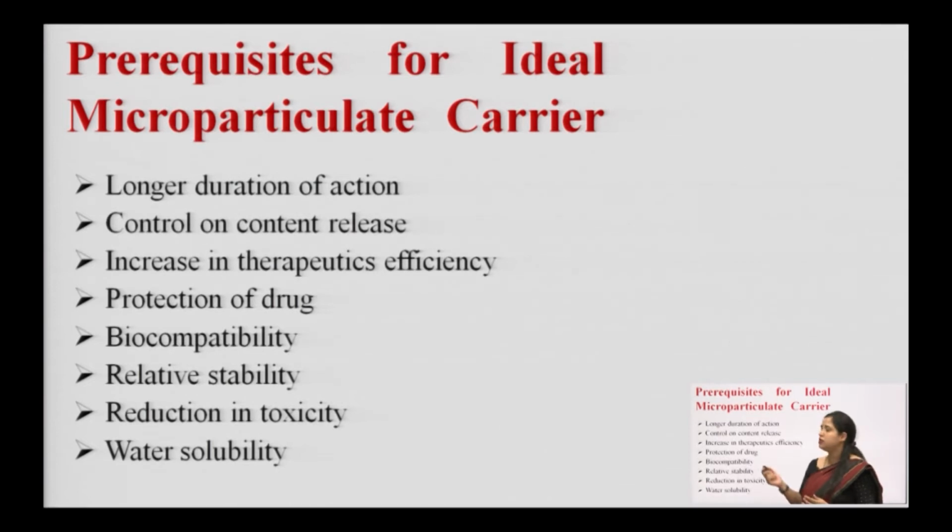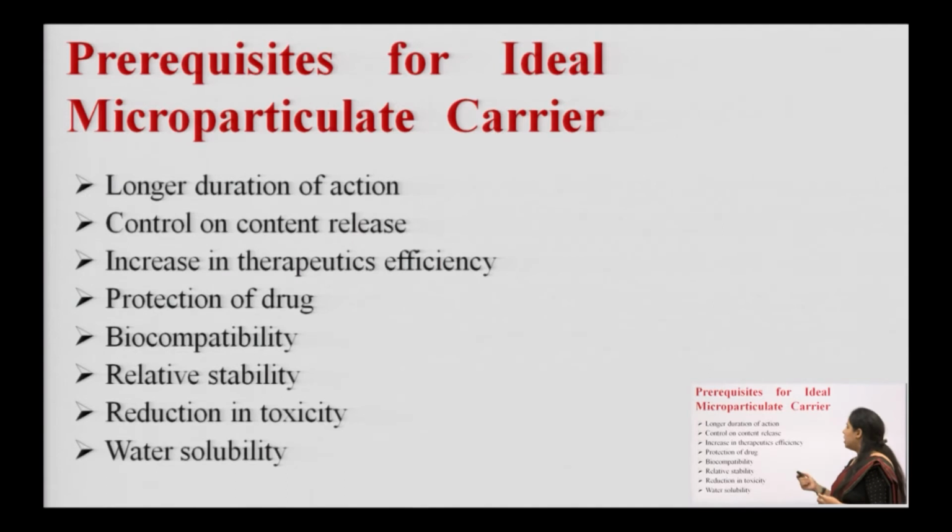Because we have some considerations there. We want a longer duration of action of a drug within the body. We want control over the drug release content in the body once administered, and an increase in the therapeutic efficiency by decreasing the toxicity and the side effects. We can say the drug efficacy is increasing.